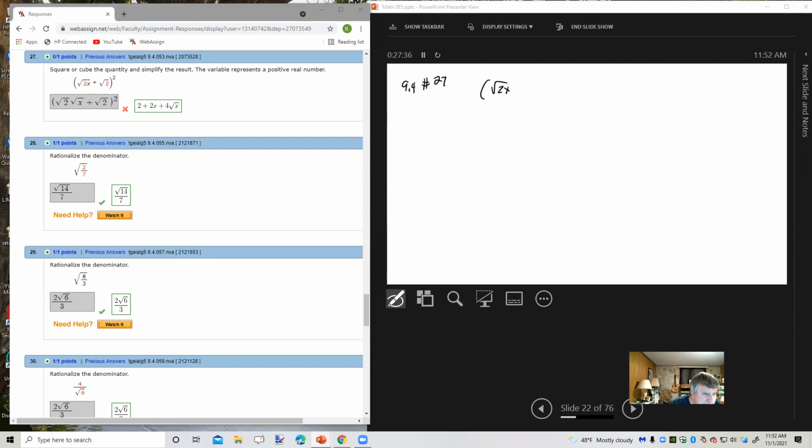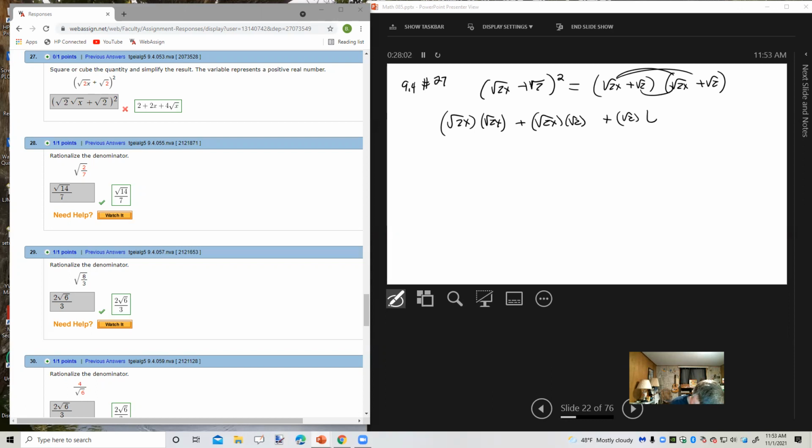All right, we have the square root of 2x plus the square root of 2, squared. So basically that's the square root of 2x plus the square root of 2 times the square root of 2x plus the square root of 2, which is the square root of 2x times the square root of 2x, plus the square root of 2x times the square root of 2, plus the square root of 2 times the square root of 2x, plus the square root of 2 times the square root of 2.